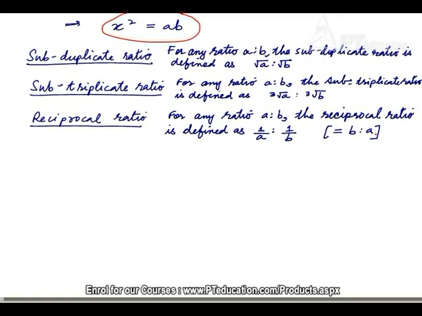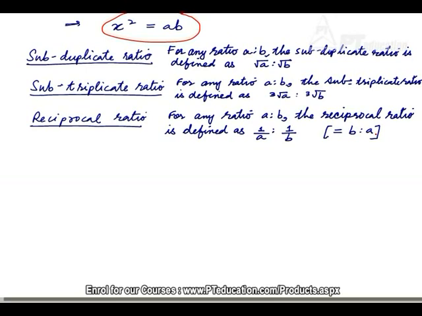Now we will study what are subduplicate ratios, subtriplicate ratios, and reciprocal ratios. Let us see the definitions on the screen now. Subduplicate ratio.